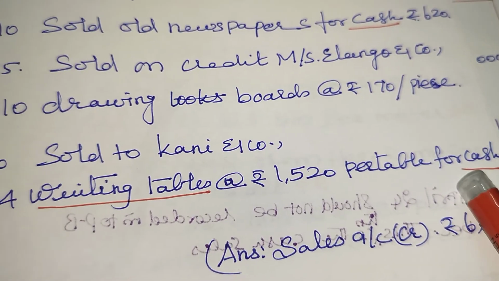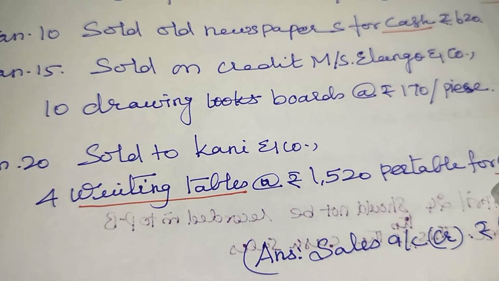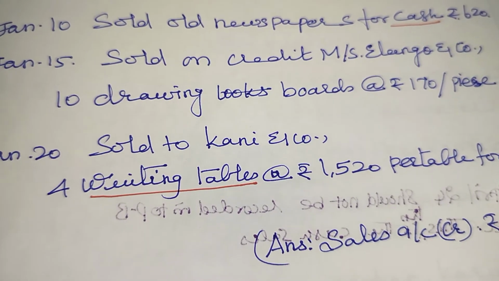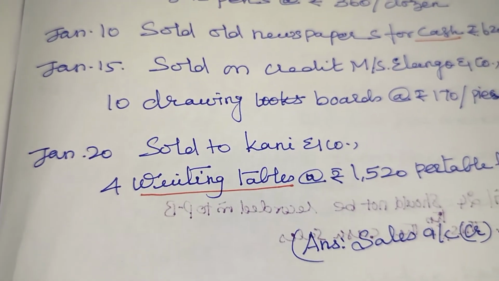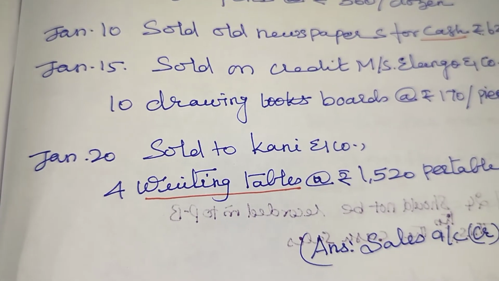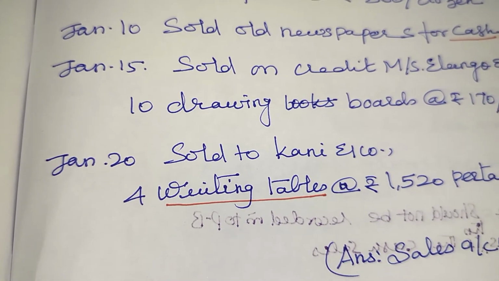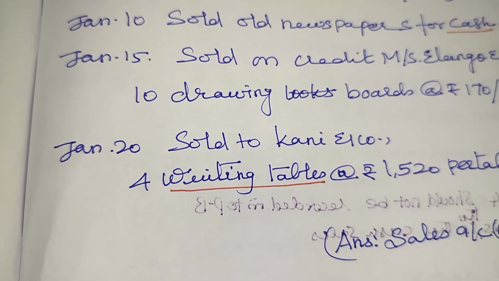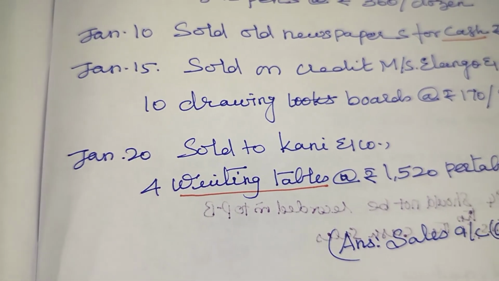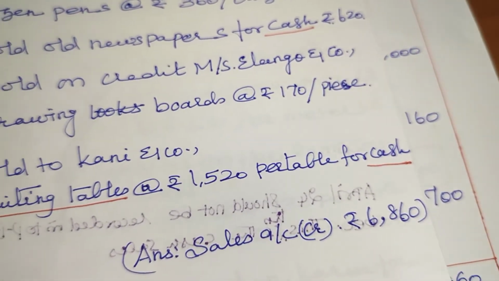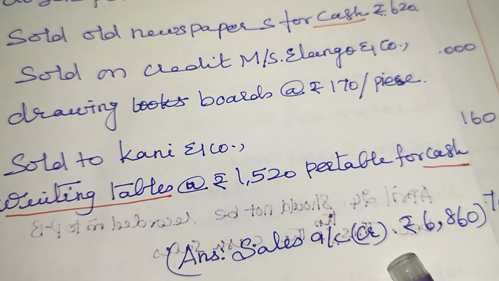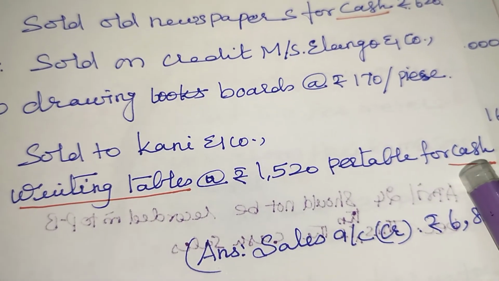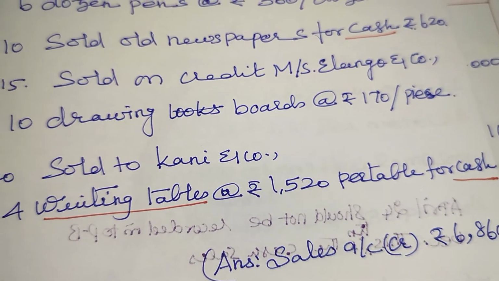This transaction should not be recorded in the sales book because the sale of writing tables is a sale of an asset. Why? Because the firm, Miss Ram and Co., is dealing in furniture. So this is an asset, and they sold the asset for cash. So this transaction should not be recorded in the sales book.